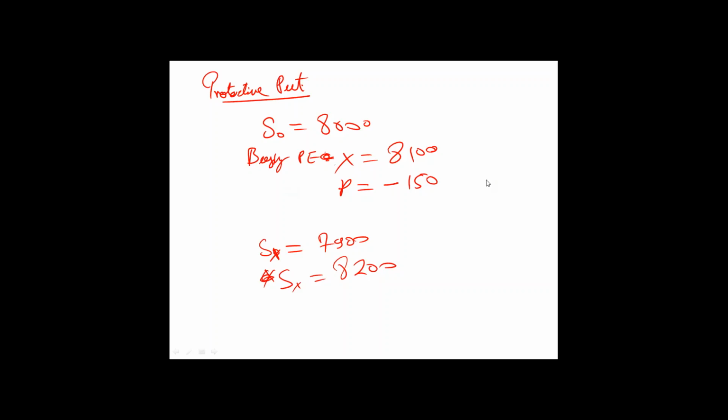So in the first case, the price went to 7900. So you're going to receive an intrinsic value of 200, and 150 is the premium which you gave.